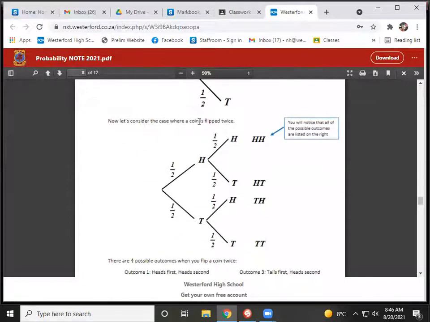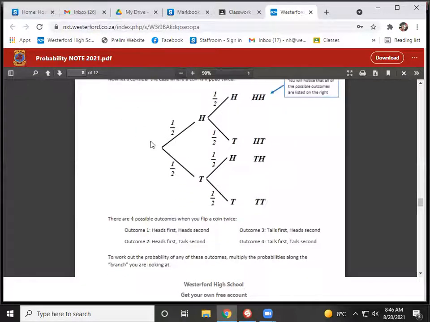Then if you flip a coin twice, this first set of branches represents the first coin flip. The second set of branches here represents the second coin flip. But we did them twice because we're trying to summarize all of the possible outcomes, everything that could happen.